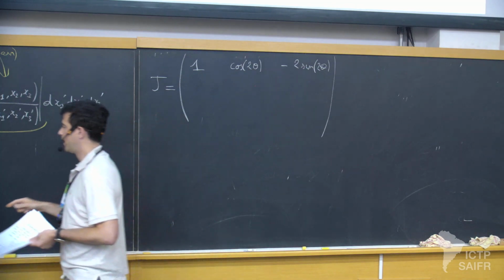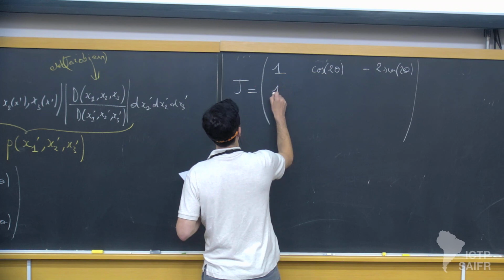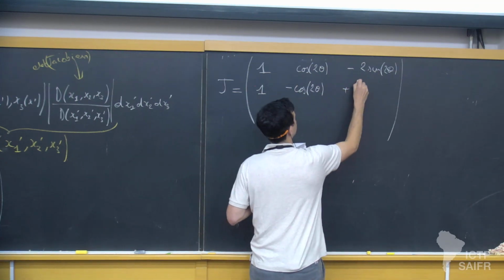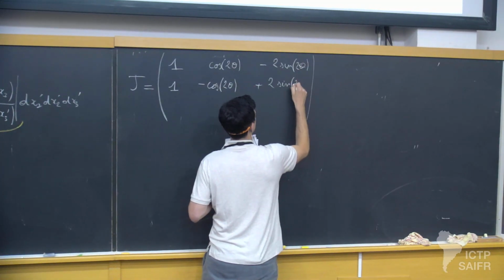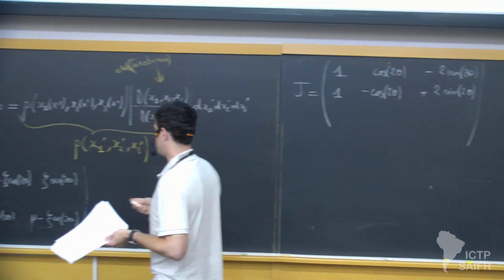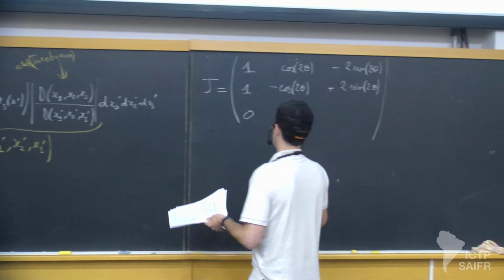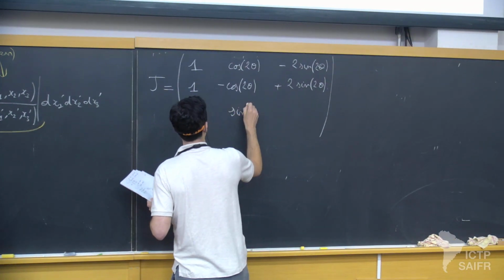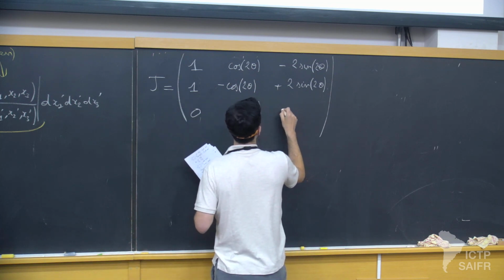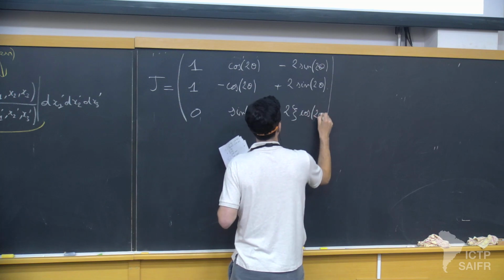Now I look at x2. It's very similar, so I'm just going to write it down: 1, minus cosine 2 theta, and then plus 2 psi sine 2 theta. And the last one, x3, doesn't depend on mu. The derivative with respect to psi is sine 2 theta. The derivative with respect to theta is 2 psi cosine 2 theta.